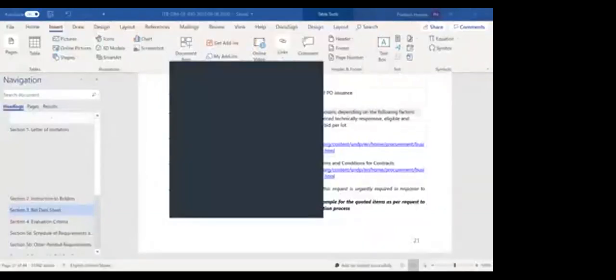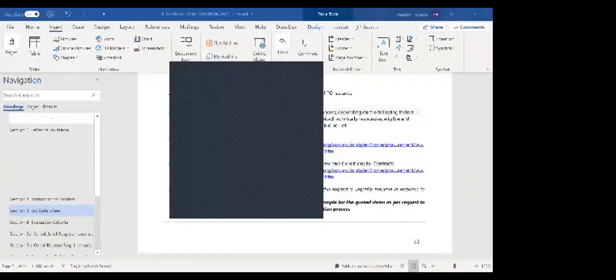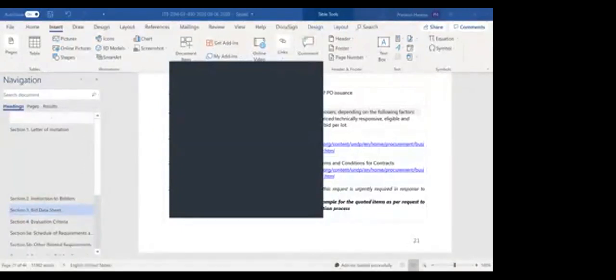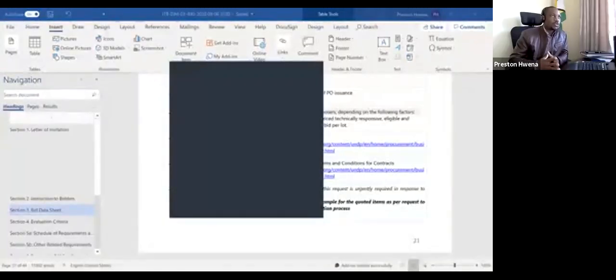Okay, and maybe the next one, you spoke about the $50,000 for the last 3 years. Yes, this is USD. When you look at the ITB document, there are sections that need to be completed. Remember, in the last few years we were mainly in the 1:1 era.